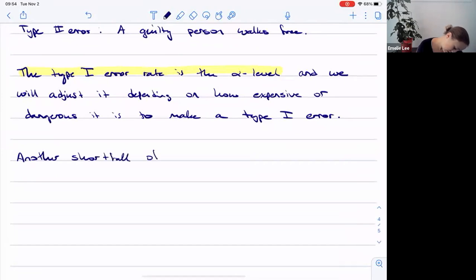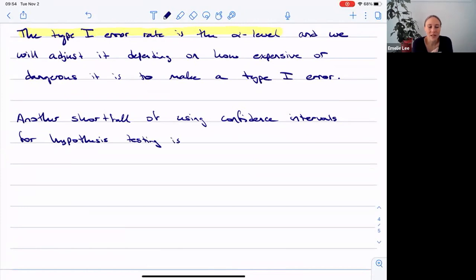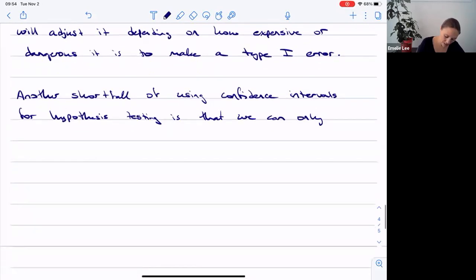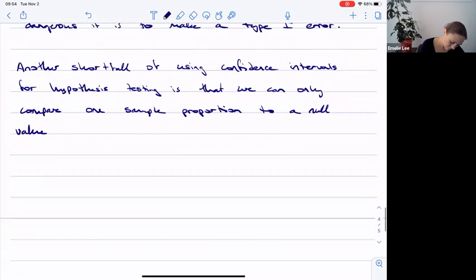Another shortfall of using confidence intervals for hypothesis testing is that we can only compare one sample proportion to a null value, or compare 2 sample proportions.